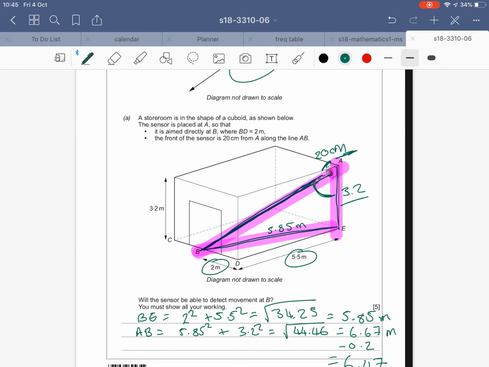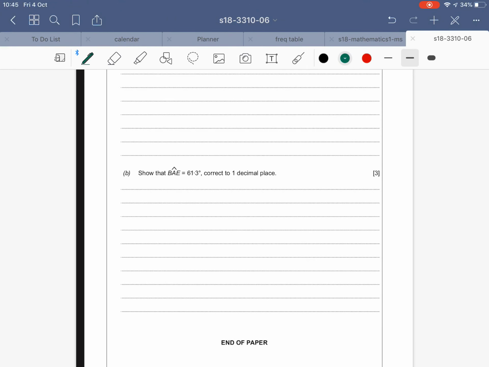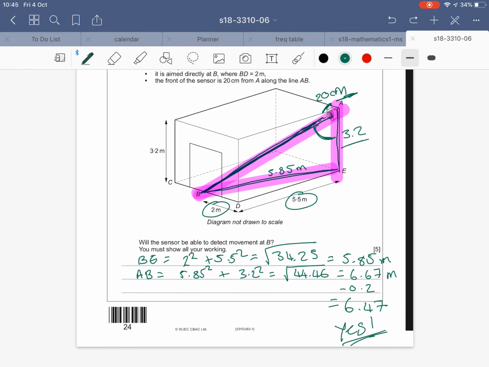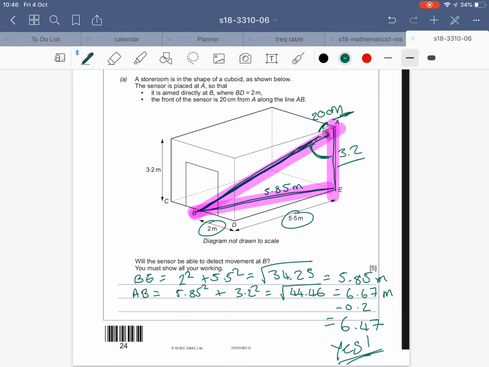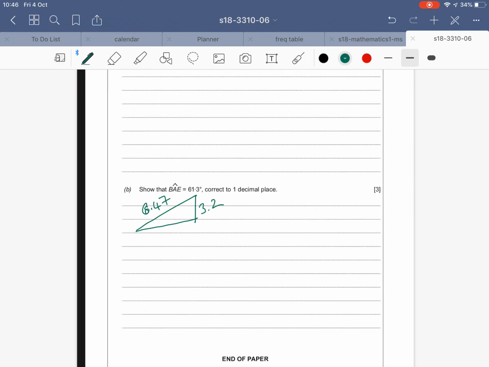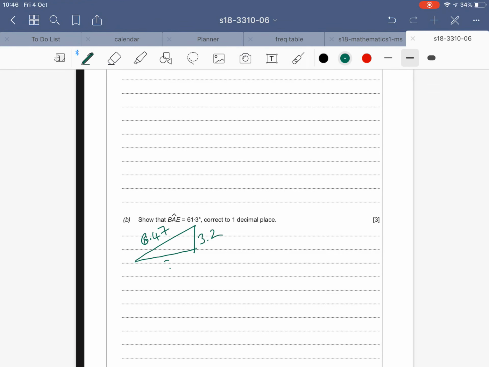That length was, well, we just worked out 6.47. That length is 3.2. That bottom one is 5.85. Still the right angle, but we've got to try and find out that angle.